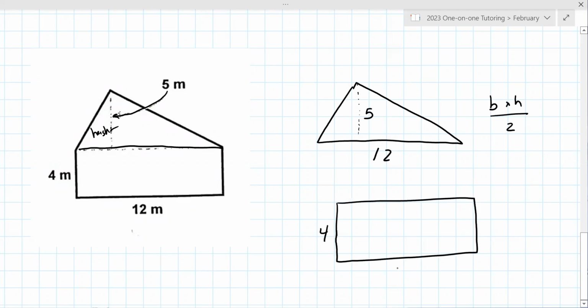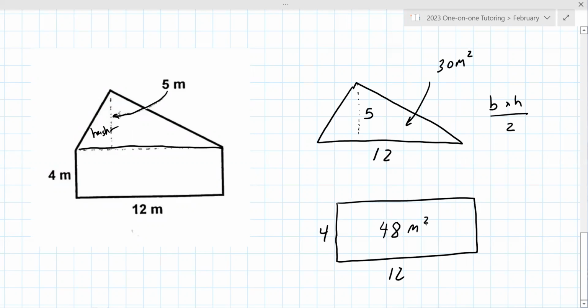And then the base is 4 times 12. And that is 48. Okay.